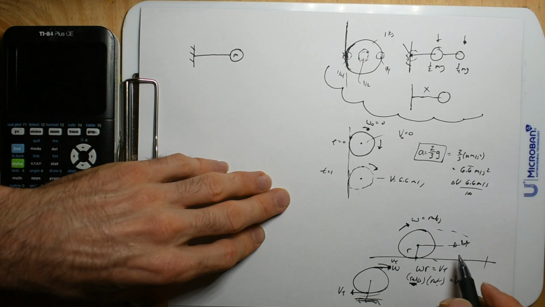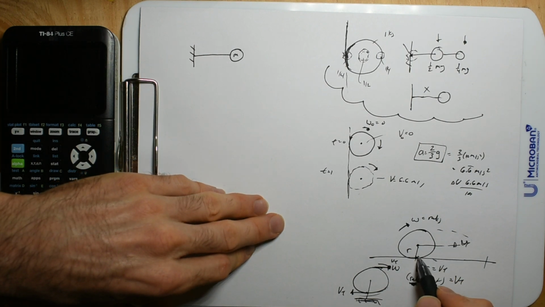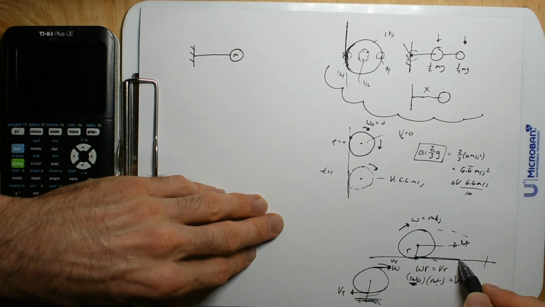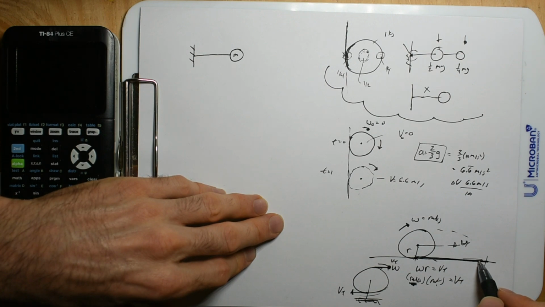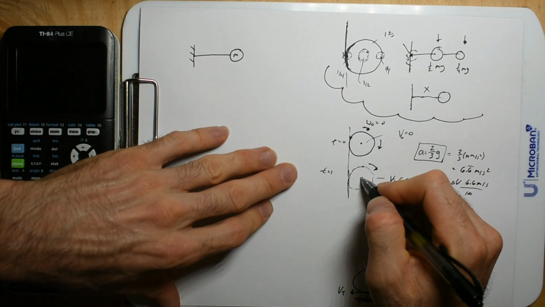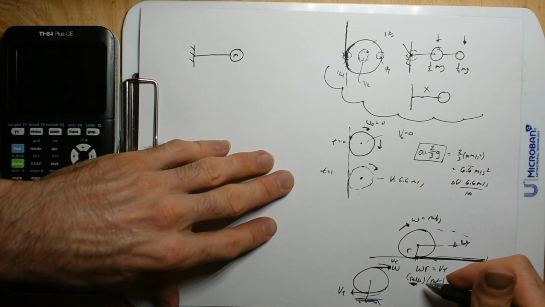This point, you can't say it has any velocity, that's stationary, but it does roll out. The other thing is that it rolls out on arc length, but anyway, I think we get it.